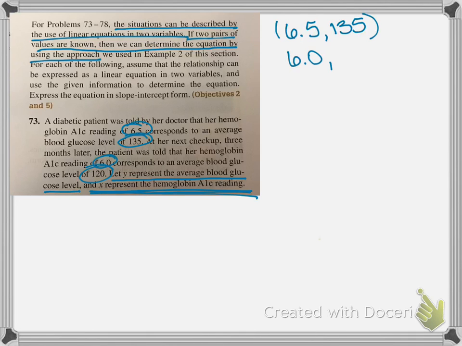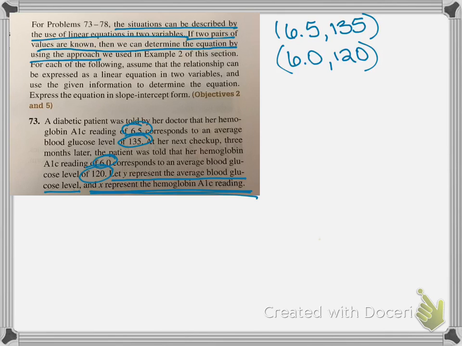Now, using our point slope form, we can now get a linear relationship between the A1C value and your average glucose over that month or 3-month period that they look at your A1C value.